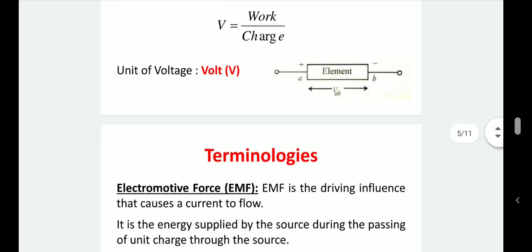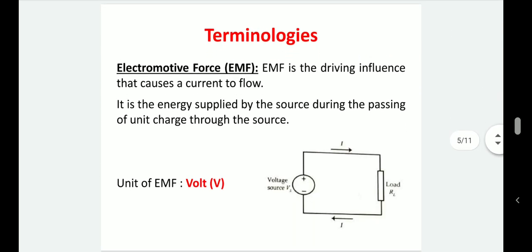Okay, then the next term is EMF or electromotive force. It is nothing but voltage itself, but there are some differences between voltage and EMF. EMF is the driving influence that causes a current to flow. Okay, it is something which causes the current to flow.